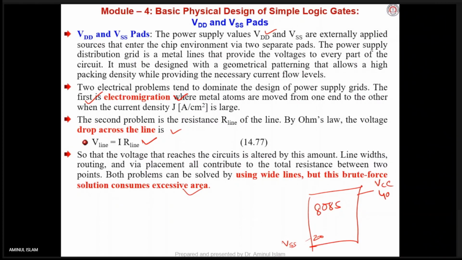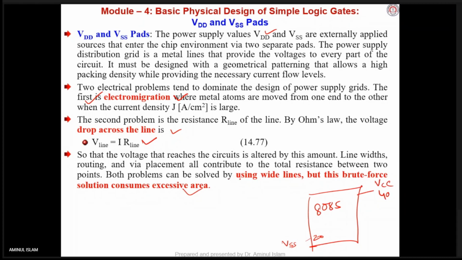And electromigration you have come across. What is electromigration? Can anybody say? No idea. Due to higher current, atoms of the interconnect move from one place to another, creating voids and hillocks. So these are the two problems in making the interconnects.